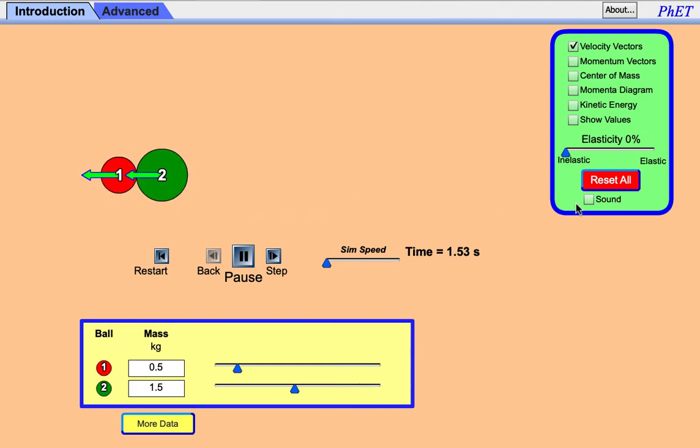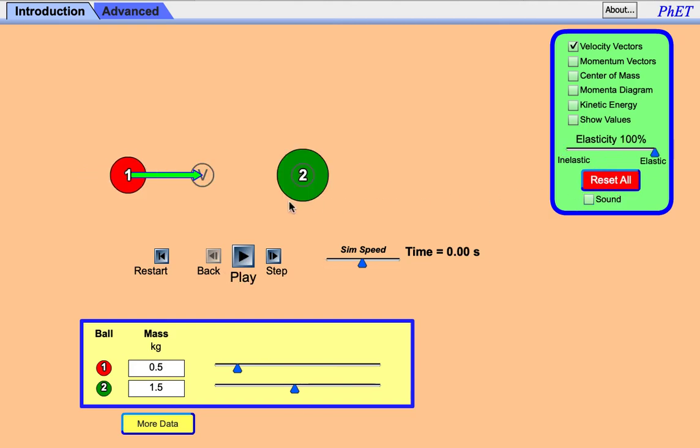Let's look at another case. Here they're going to collide and stick together, but let's say one of them is stationary, so the initial velocity for mass 2 is 0. Let's see what happens when they collide and stick.